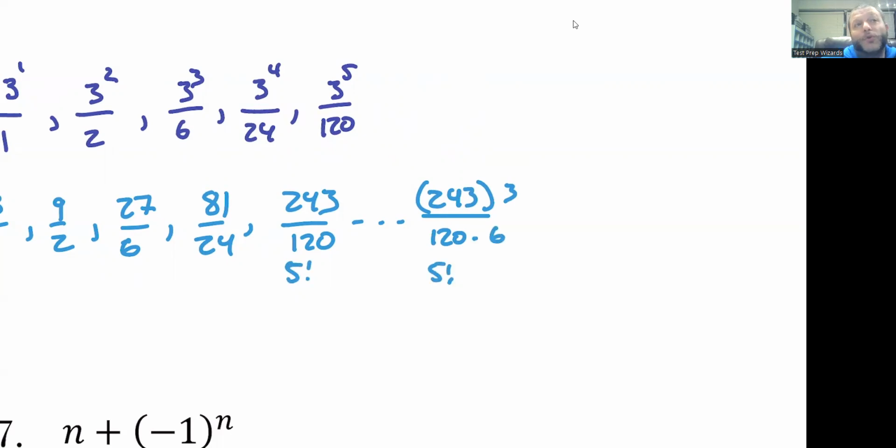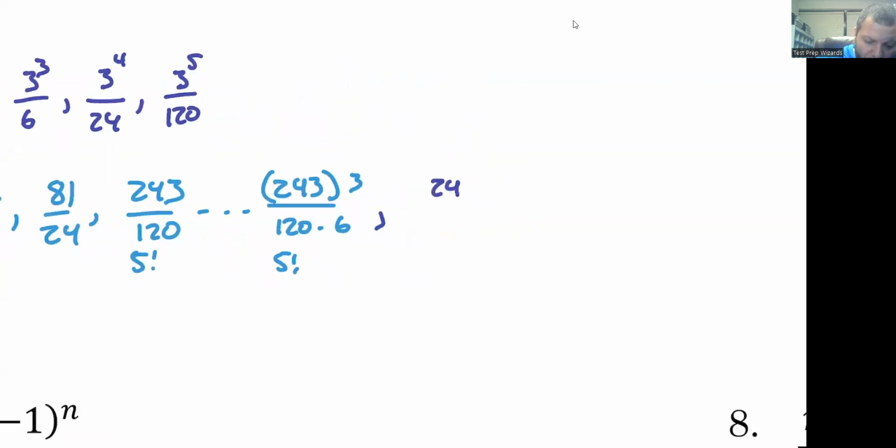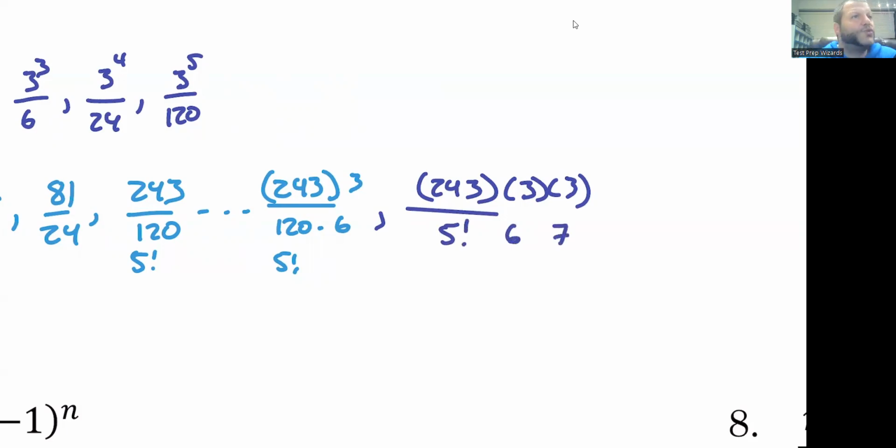Right, so notice that I'm multiplying the bottom by something larger than the top. My next term after that is going to be 243 times 3 and times another 3 over that 5 factorial times 6 times 7.